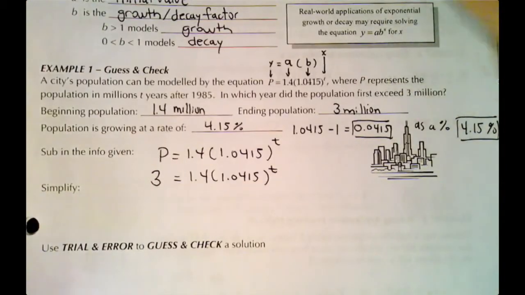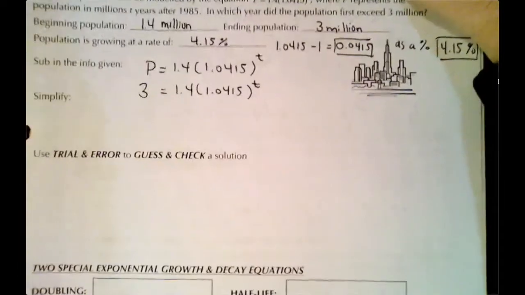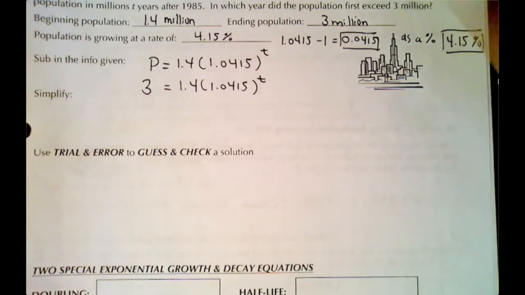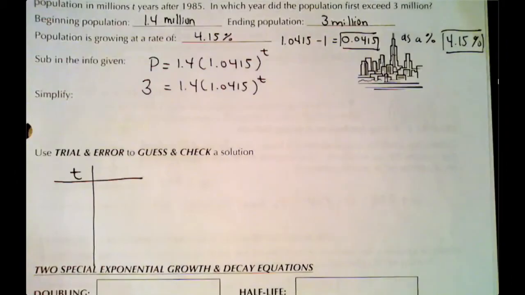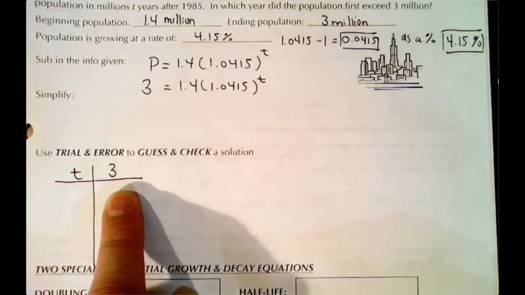Well, how do we do that? Well, we're not going to be making any common bases because our base is a decimal. So the best bet we have is to guess and check. So how do we do that? Well, we're going to guess some times that will give us a population of 3. So let's try some guesses.